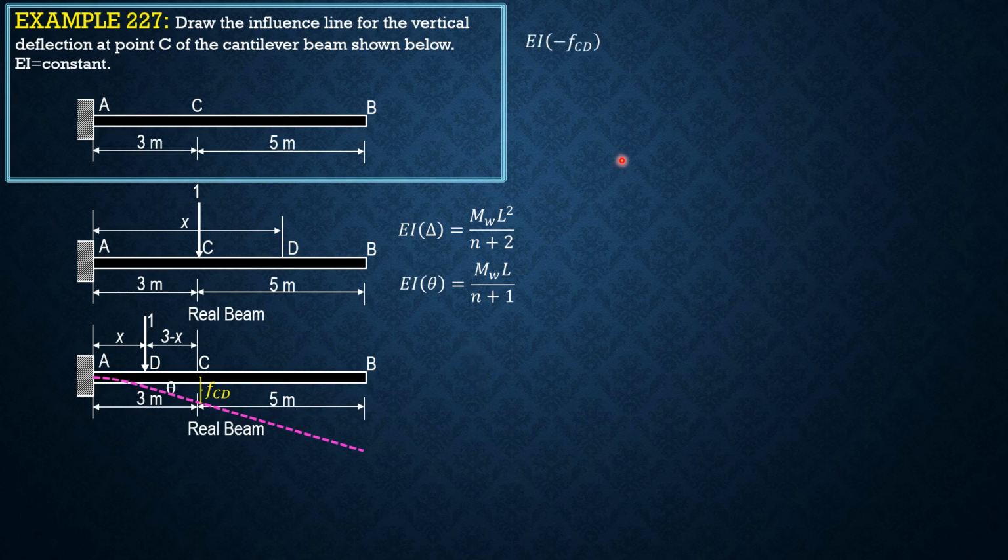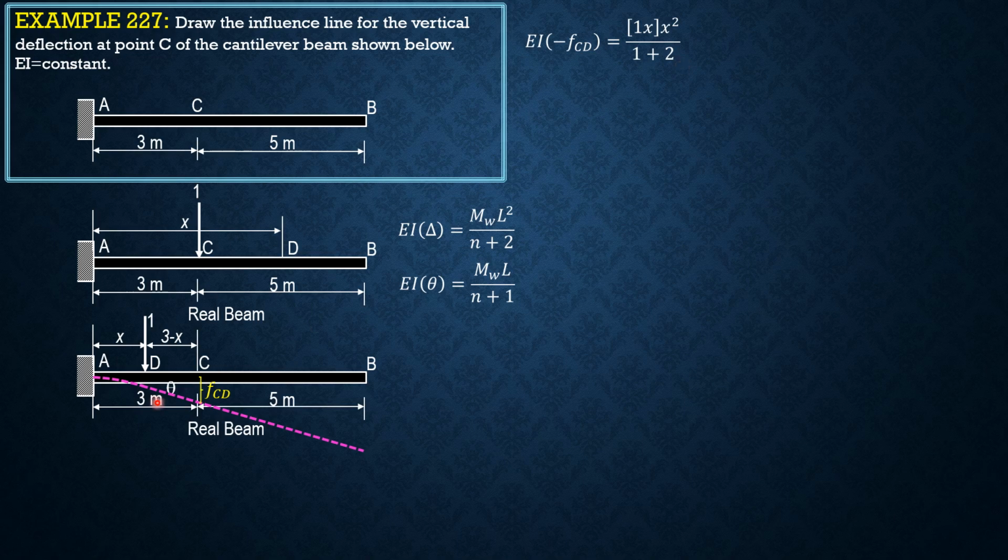So EI negative FCD equals 1x times x squared over 1 plus 2. So moment at the wall due to this unit load is 1 times x, so 1x. The length is x, the distance of the load from the moment center, so that's why you have x squared. Degree of the curve, because this is a concentrated unit load, so first degree plus 2.